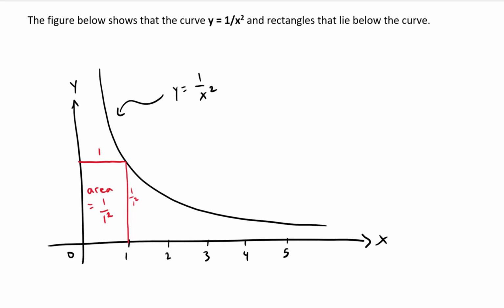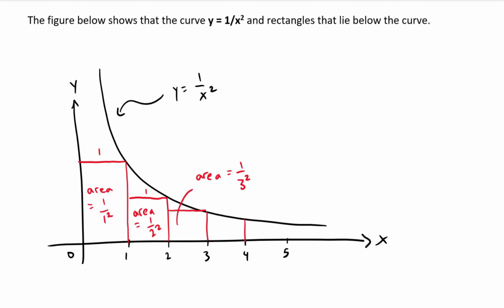It's pretty straightforward. Likewise, for this next rectangle, the area is 1 over, this new y is going to be 1 over 2 squared, times 1, so it's 1 over 2 squared. Likewise over here, we'll have another rectangle, and this one's area equals 1 over 3 squared.